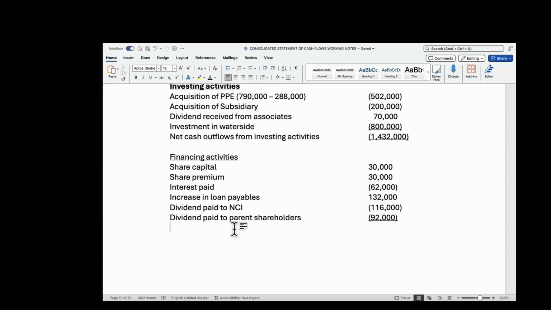Minus 78. So net cash outflows from financing activities, 78.